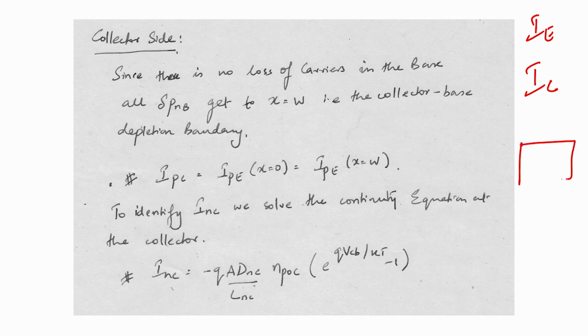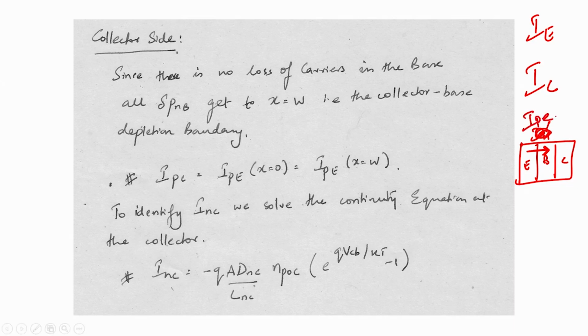So, we have the emitter base collector. We know what IPE is, okay. So, we say that this IPE came into the base, and as per our assumption there was no recombination in the base, therefore, there is no loss of IPE. I am sorry, IPE is the hole current from the emitter.